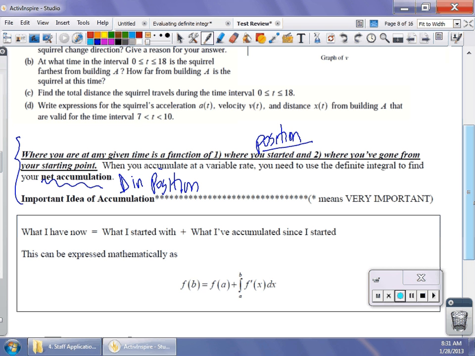So mathematically it can be expressed this way. F of b is equal to f of a. In other words, where I started, how much area I had collected at the time of a. Then I'm going to collect more area from a to b, and that will tell me my final or terminal position, not distance traveled, but my position.